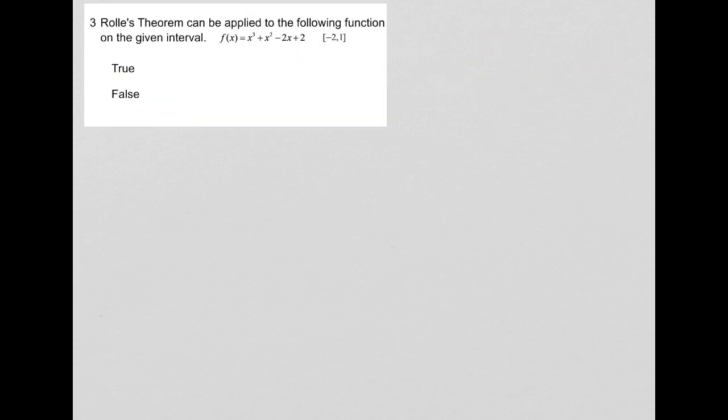Okay, again, same type of function, same deal. Is it continuous? It's a cubic, it's going to be continuous. Is it differentiable? Yes, it's a cubic, it'll be differentiable. So then the question is, does f of negative 2 equal f of 1?